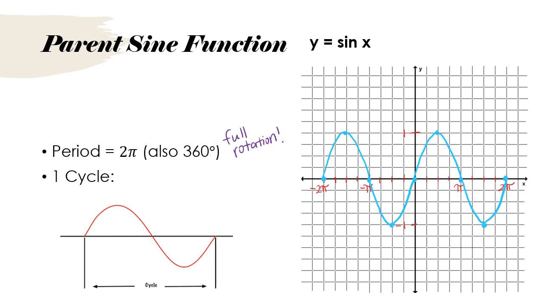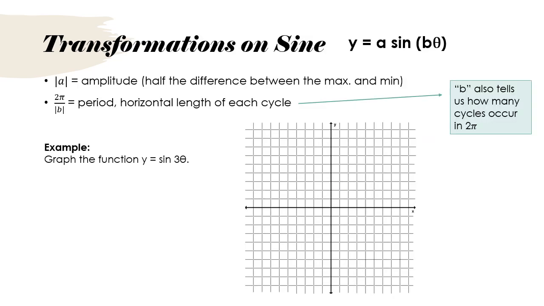It's going to look a little different if we start multiplying our function by different values. So let's give ourselves a format for those transformations. And this is what I mean here. y is equal to A times sine of B times theta. Again, theta, or we could say x there.